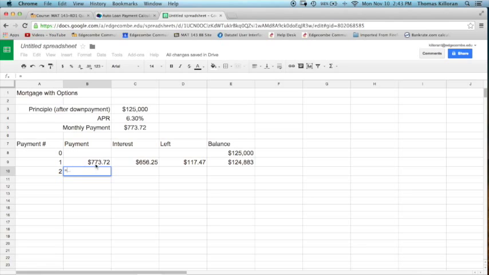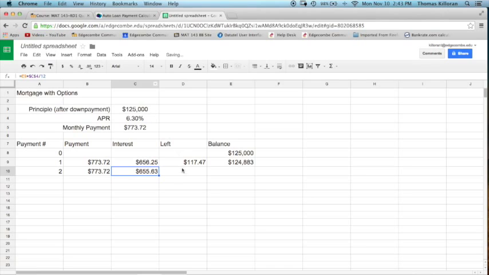Alright, so the second payment comes along. Your payment is going to be this number. I like referencing the one right above in case I want to change it later on. The interest that it's going to be earning is going to be principal times rate. And I'm fixing those still. I'm just going to put divide by 12 here, times time, which is 1 over 12. Yeah, I'm going to have to keep changing these.